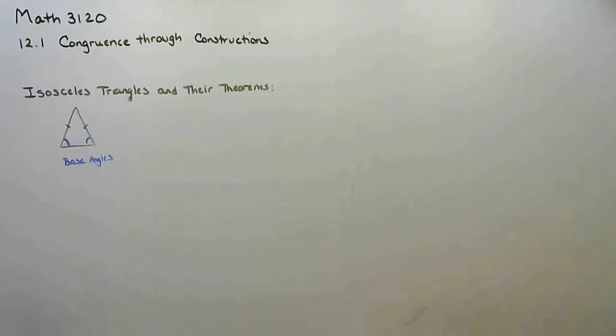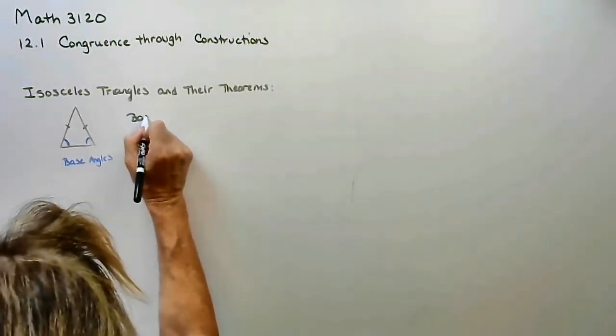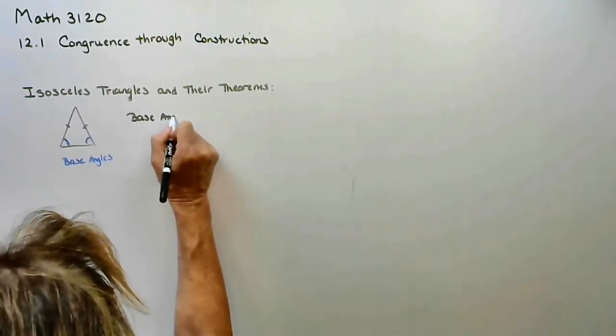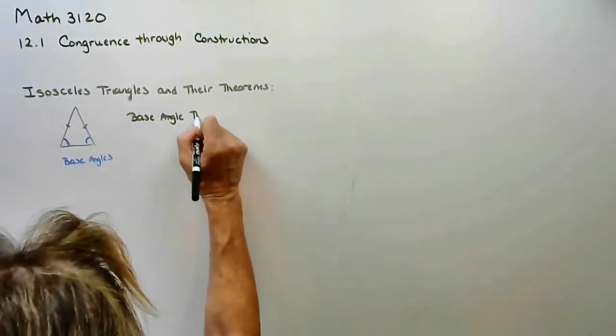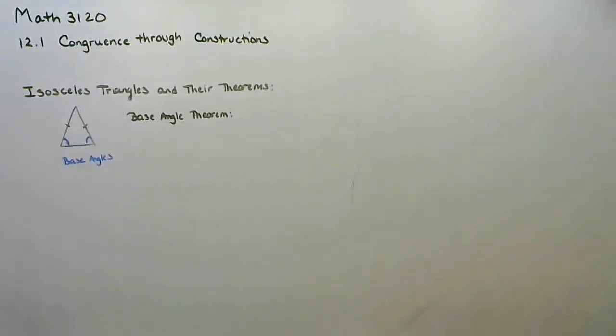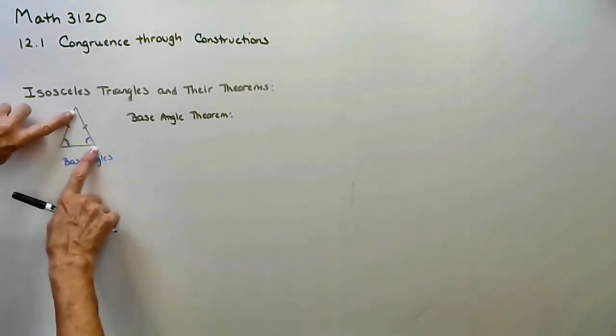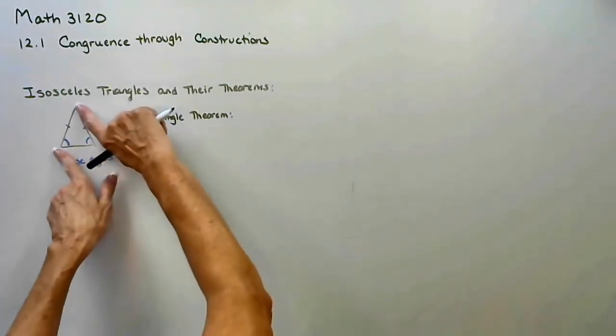So our first theorem was what's called the base angle theorem. I don't think your book calls it the base angle theorem, but if we use the vocabulary, it's a little bit easier. The base angles are the angles that created those congruent sides.